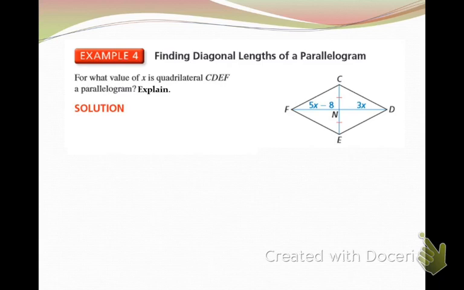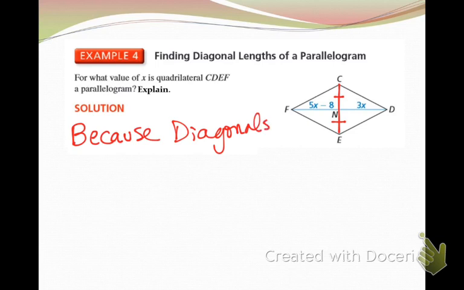It appears that at least this one, CE, is cut in half. There is a property, the third one on your list: because your diagonals bisect each other, this is a parallelogram.